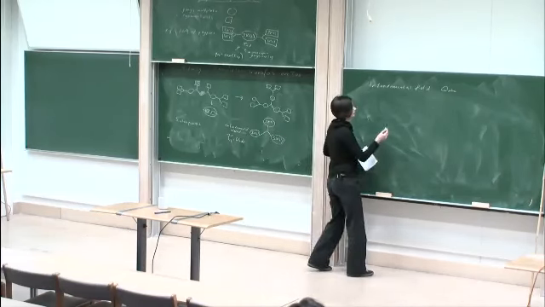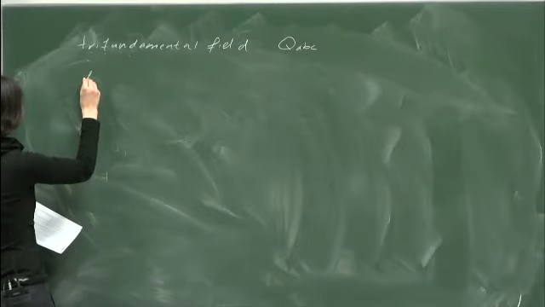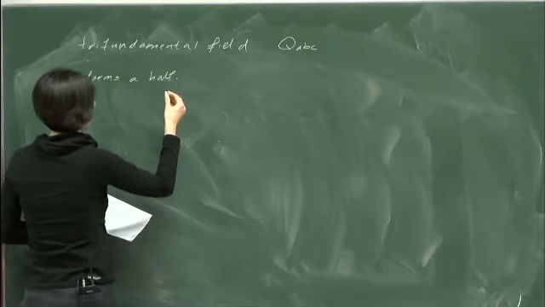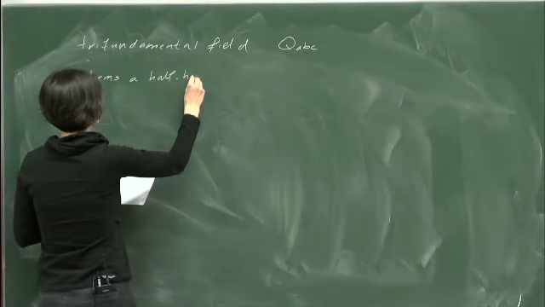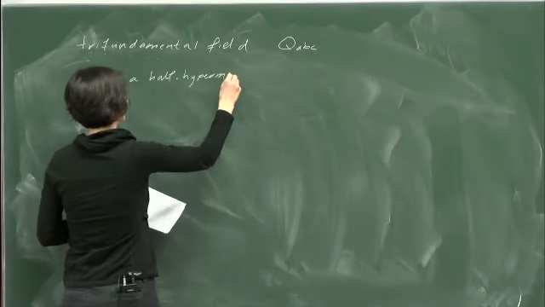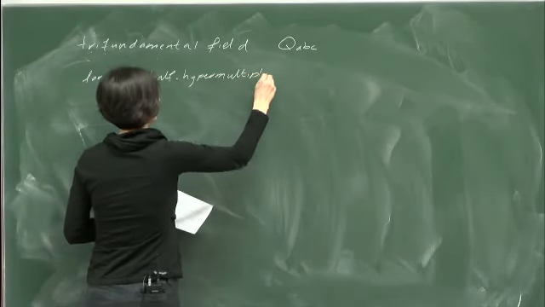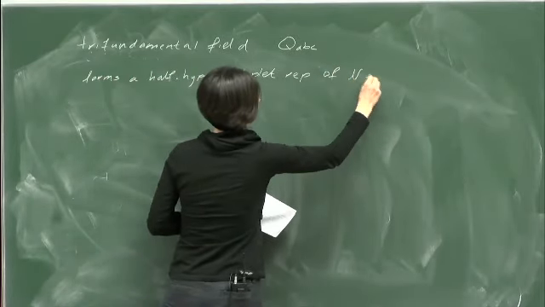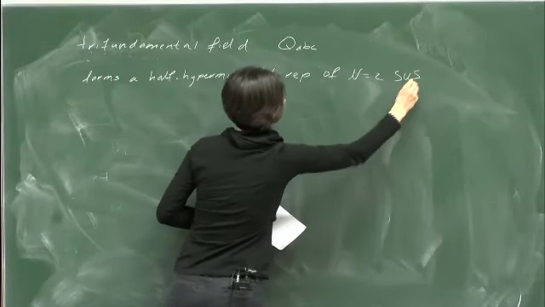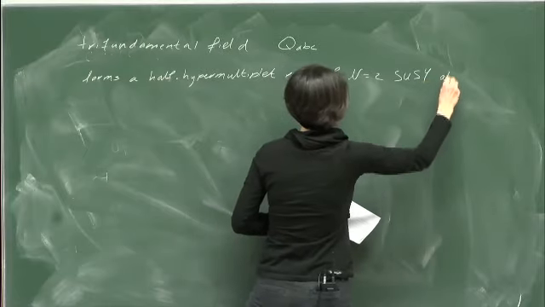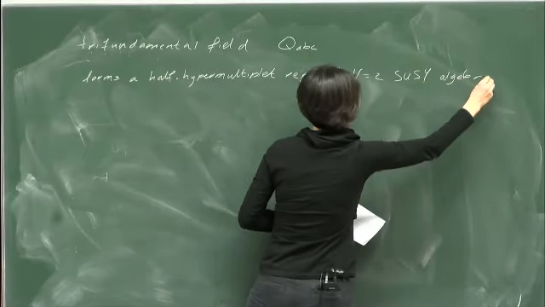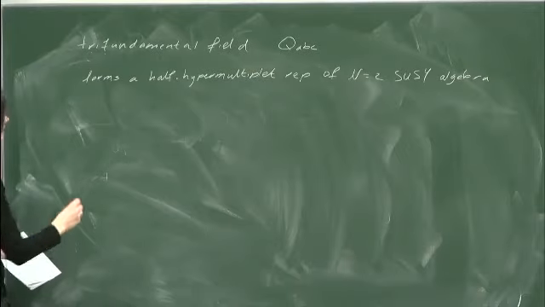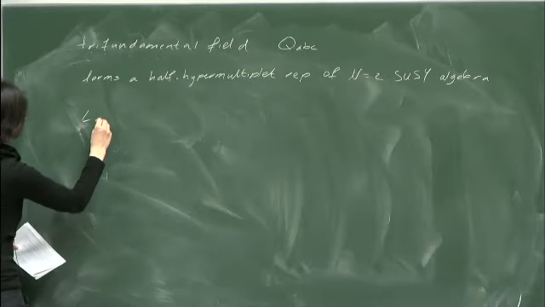This trifundamental field forms a half hypermultiplet representation of the N=2 supersymmetry algebra. And it actually has a Lagrangian description.